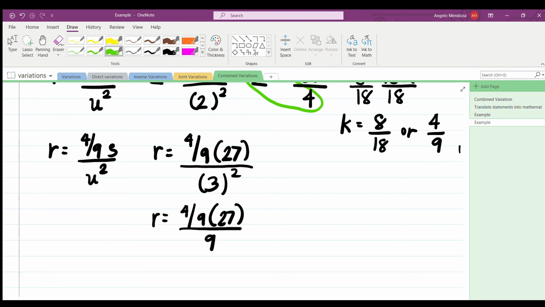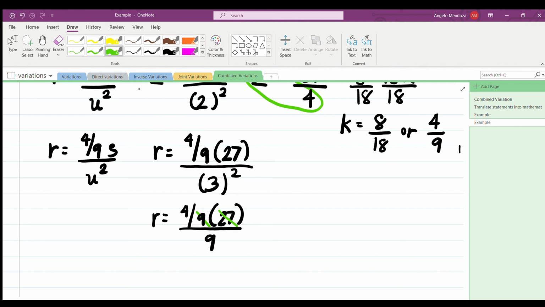Here actually we can cancel, so we can multiply 27 by 4 then divide by 9, or we can reduce 9 and 27 to lowest terms by dividing 9 and 27 by 9.